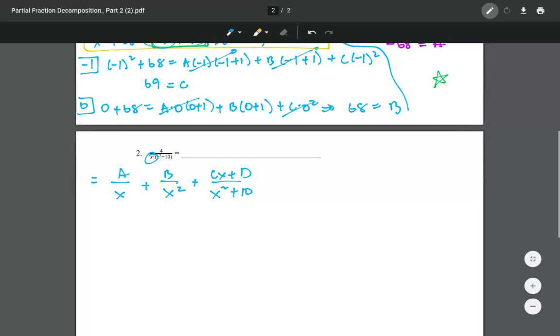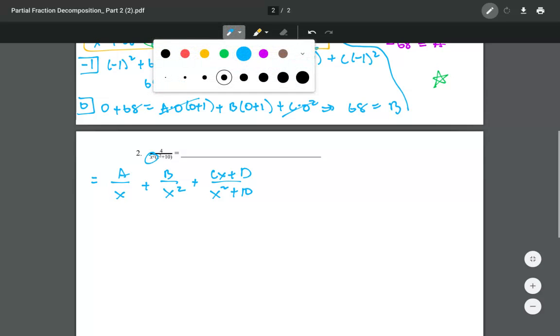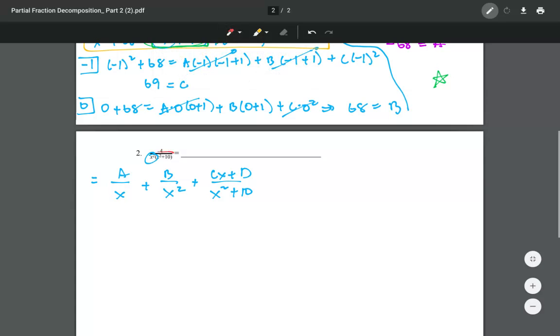I'm going to multiply in any factor that's missing from my denominator here. So a needs to be multiplied by another x. That gets us to our x squared. And then it's also missing the x squared plus 10. B is missing just the x squared plus 10. C is missing the x squared.